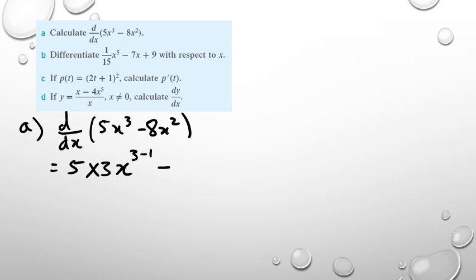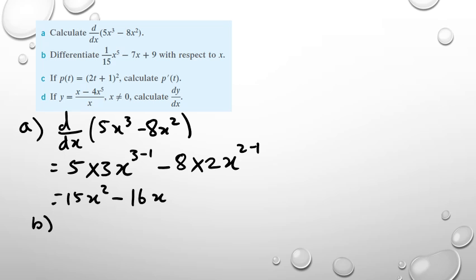Then minus 8. Again, you take the power down. 2x, 2 minus 1. Then you just work those out. 5 times 3 is 15. And then 8 times 2 is... It's nice and quick, isn't it? You guys hate me, don't you? I'm sorry. I have to show you the long way first.